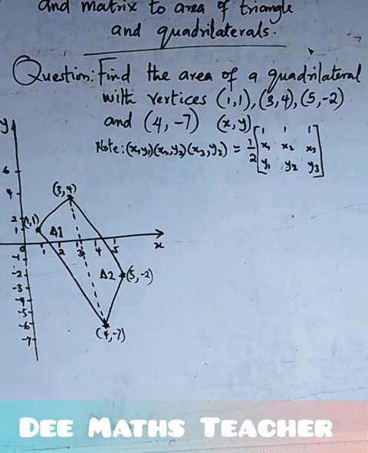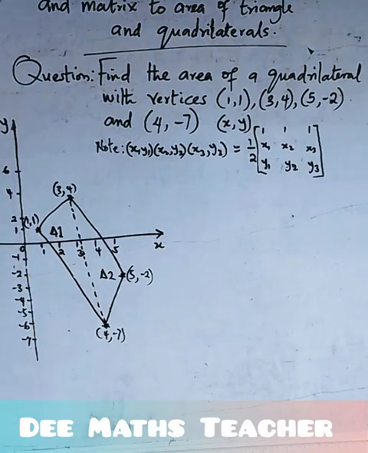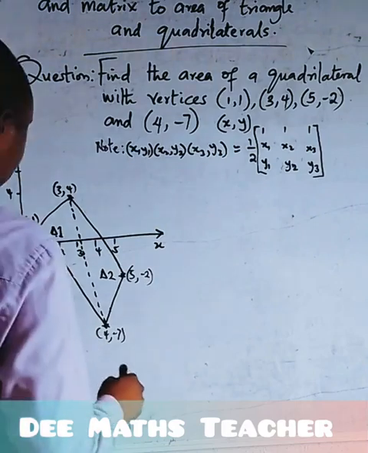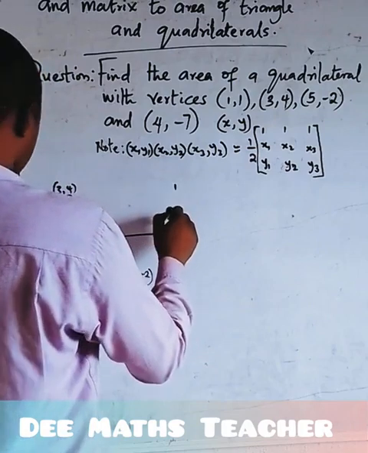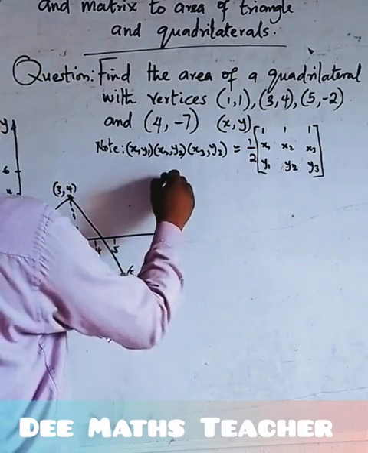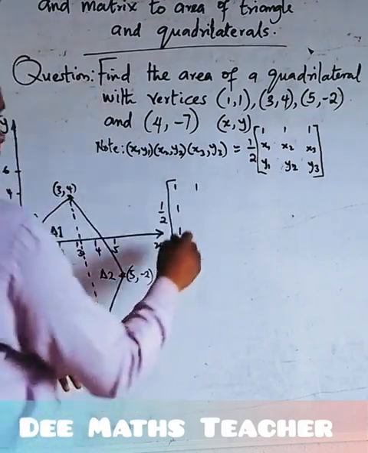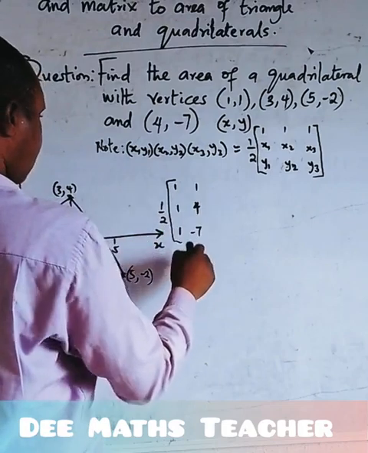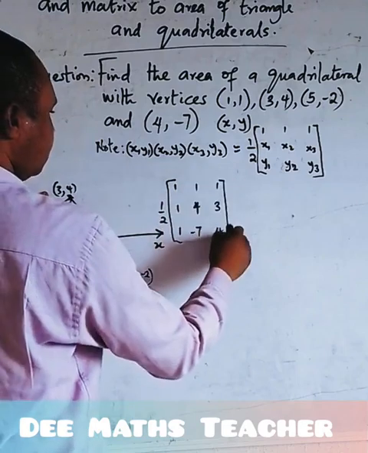Okay, with what we have here now, we can represent the coordinates that form these triangles in that matrix form. For the first triangle, let's start from here. We are going to have 1/2 of the matrix with rows 1, 1, 1; 1, 4, -7; and 1, 3, 4.